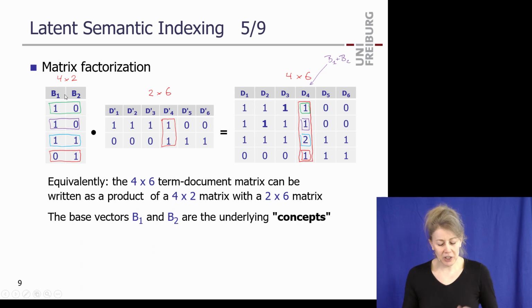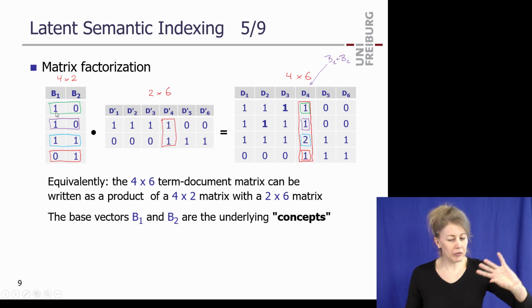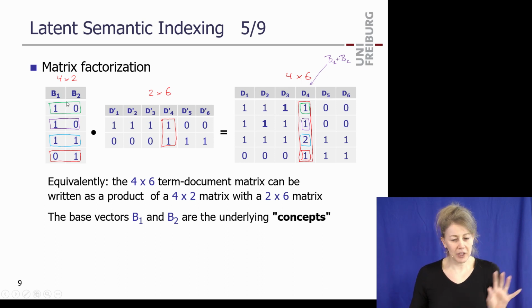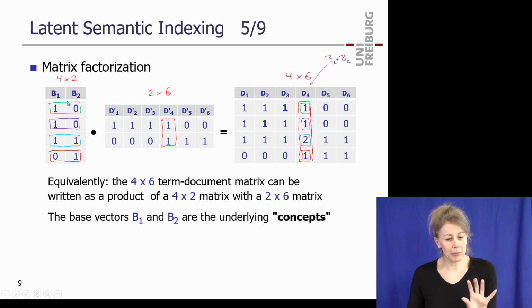If you want to interpret this, you could say I have a collection of many documents. Here it's just 6. I just have 2 different concepts. If you go back to the terms, then this B1 is the web surfing concept, and this is the beach surfing concept.